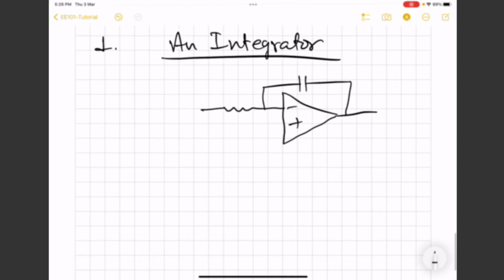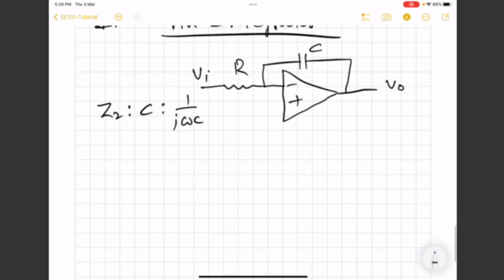So you will see what is the function or quantity which is integrated. Here you can see that Z2 is implemented using a capacitor, and the numerical value of Z2 will be 1/jωC, and Z1 is a simple resistor.